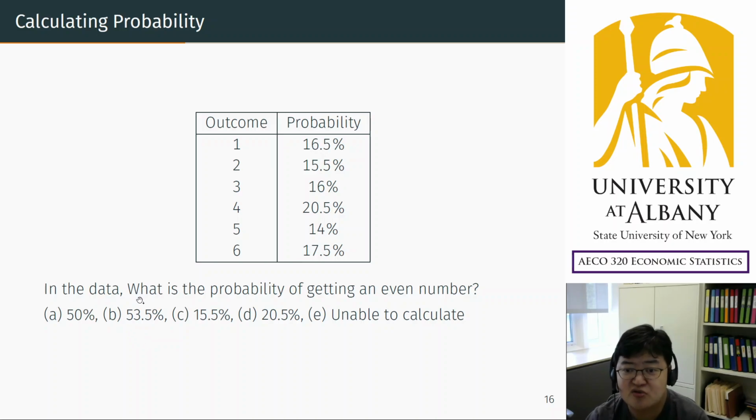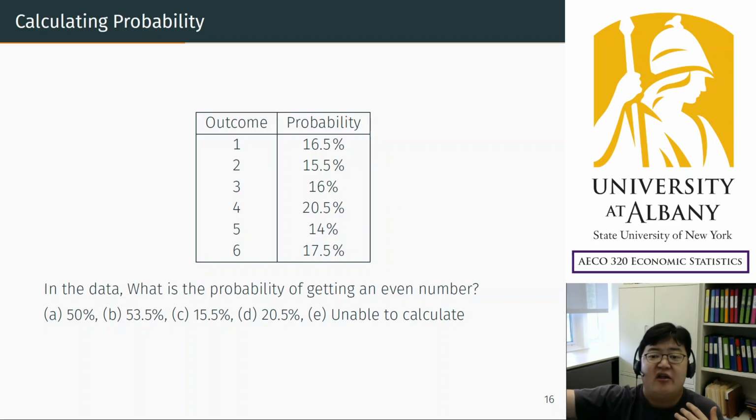And again, you may wonder why it is not 50%. You know the true probability, because an even number should be 50% from a dice. That is the true probability, but what we are calculating here is the probability from the data, from 200 repetitions, which is a small number compared to infinity.